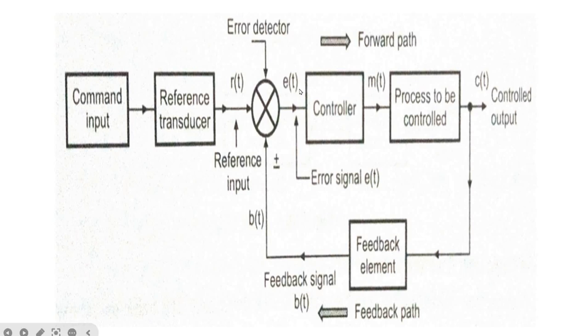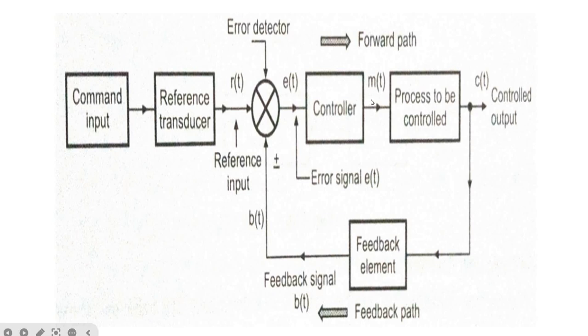And this error signal is then modified by the controller, and this controller decides the proportional manipulated signal for the process to be controlled. This M of t is the manipulated signal, not the modulated signal. I'm sorry, I told it as modulated signal, but it is the manipulated signal which is generated by the controller, and this is used for the process to be controlled.